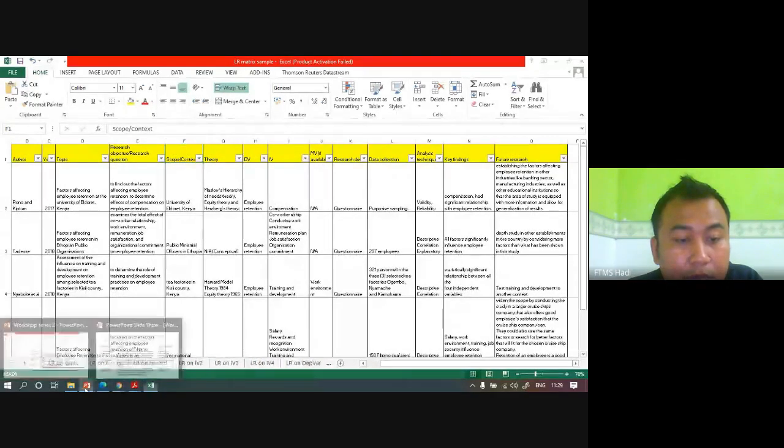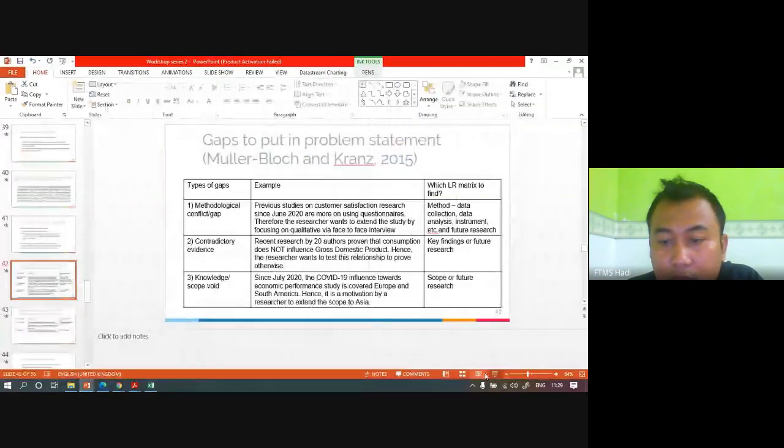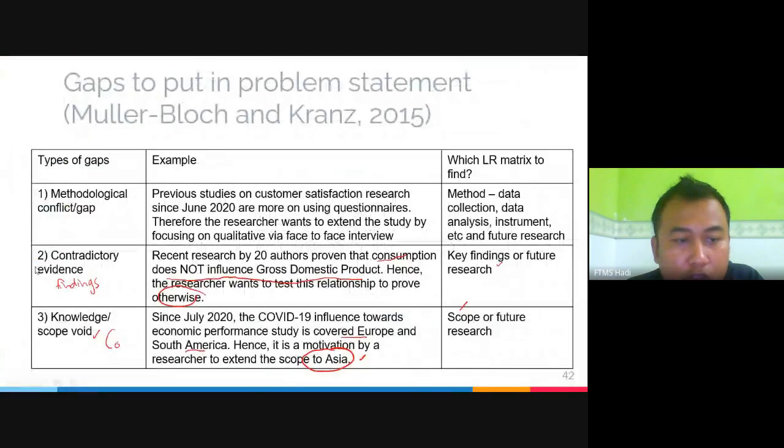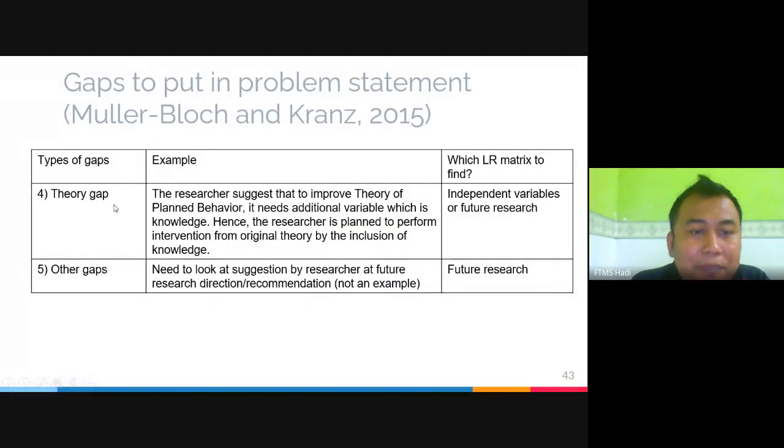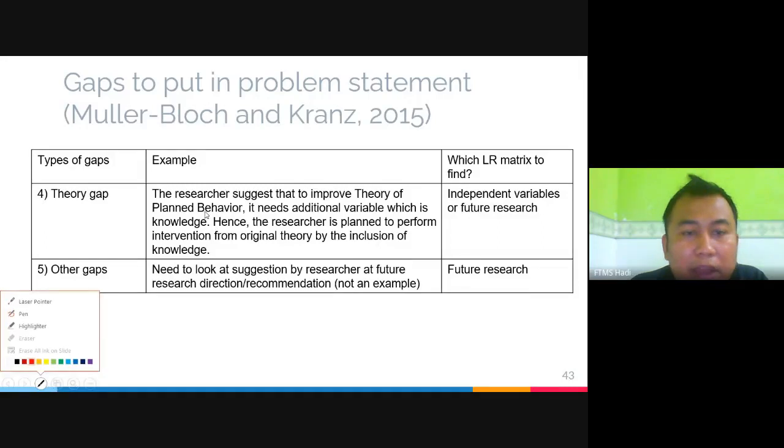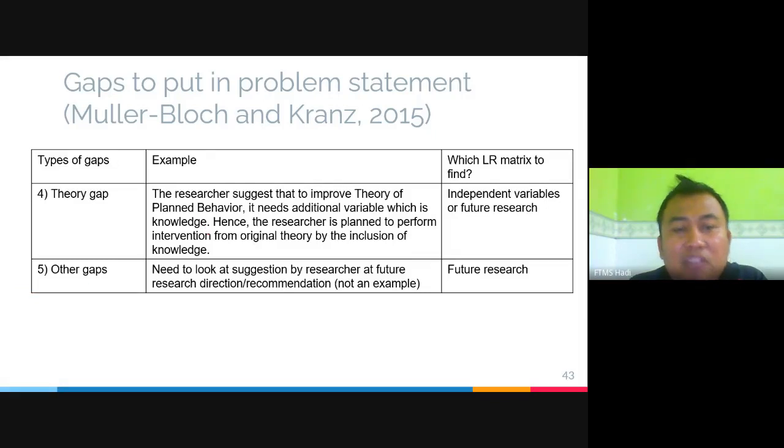Okay. All right. If you choose contradictory evidence, one paragraph. If you choose knowledge or scope void, one paragraph. Okay, theory gap. There is a theory gap whereby, to improve, any intervention or any adjustment made or suggested by other researchers, you include that.